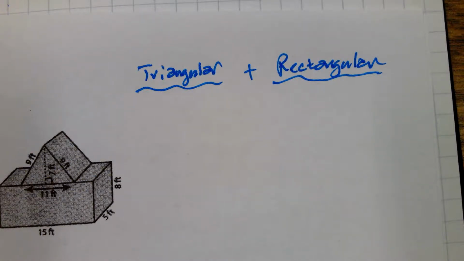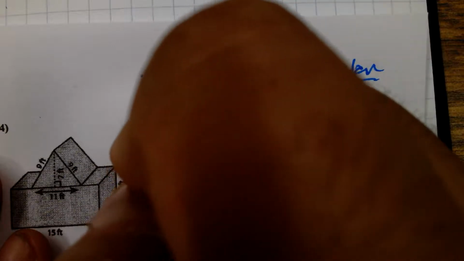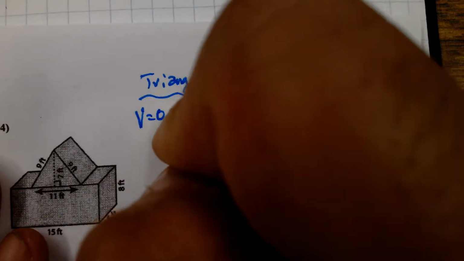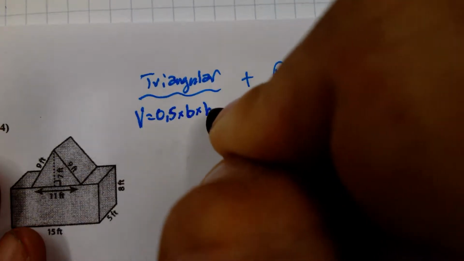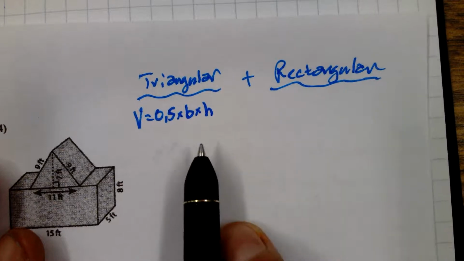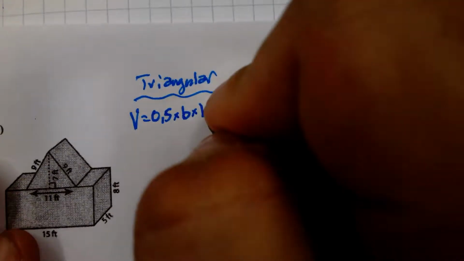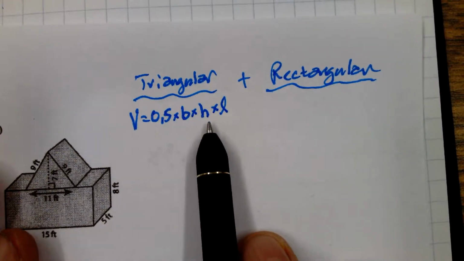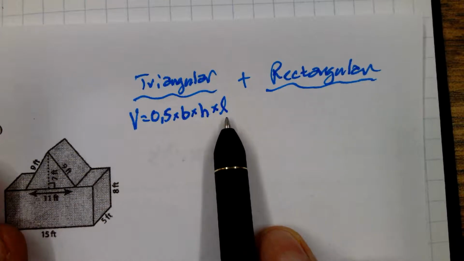So the triangular prism volume is 1/2 the base times the height times the length. I'm going to put 0.5 times the base times the height of the actual triangle, and then times the length.